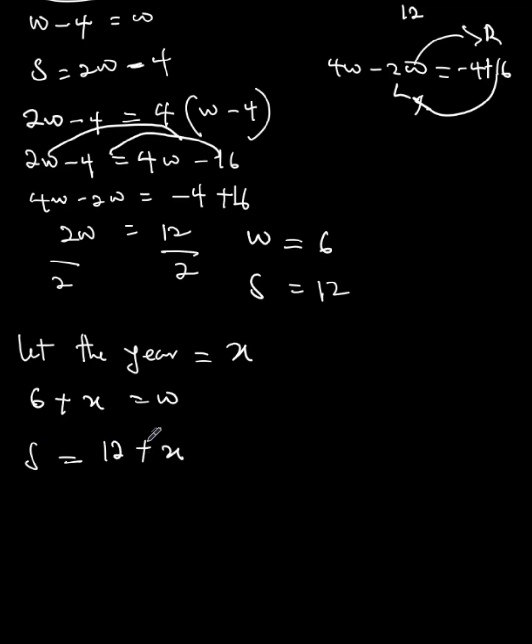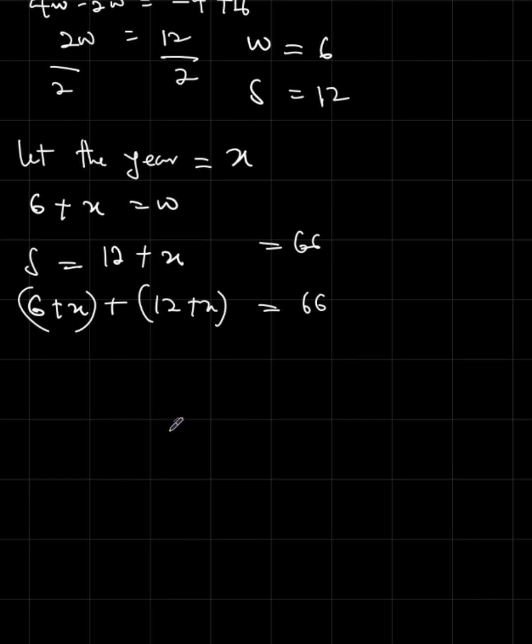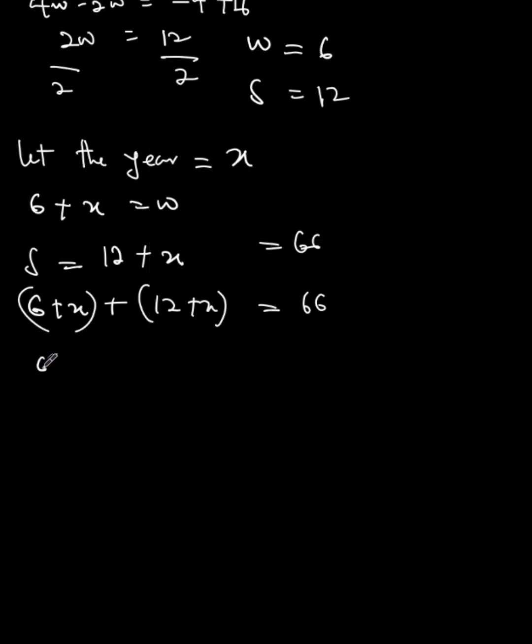So now, the addition of their two ages in that year must equal 66, which means 6 plus X, plus 12 plus X must give us 66. So that we have 6 plus X plus 12 plus X to equal 66.